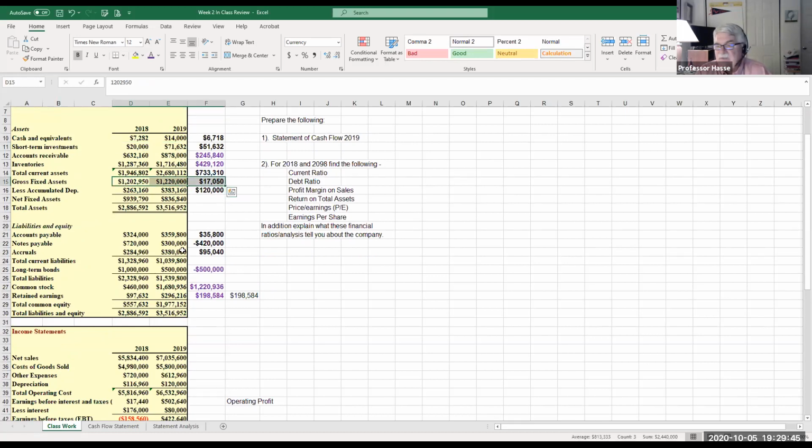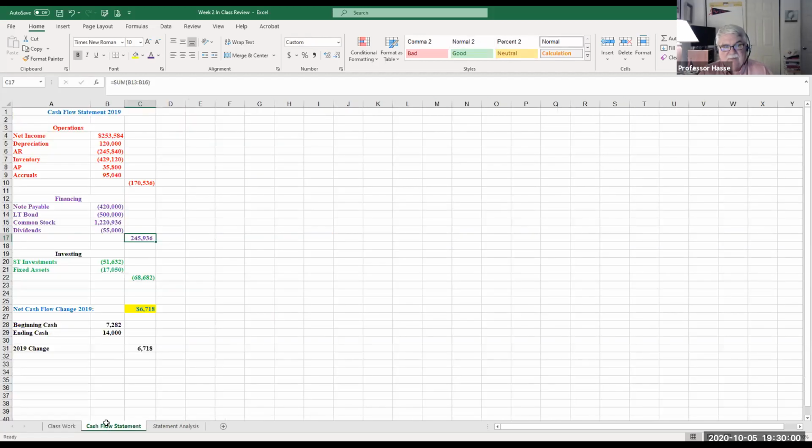The purchase of additional equipment, fixed assets, land, buildings, computers, whatever, $17,050. So in our cash flow statement, short-term investments increased, money going out. Fixed assets increased, money going out. The net effect of that is $68,682 of money going out.